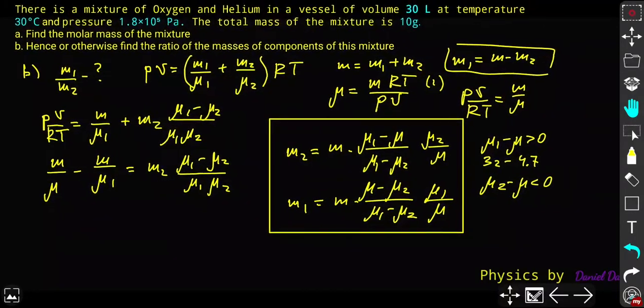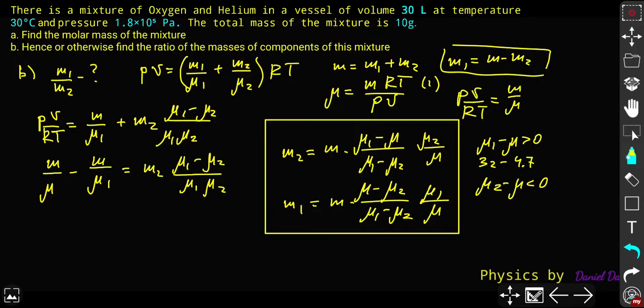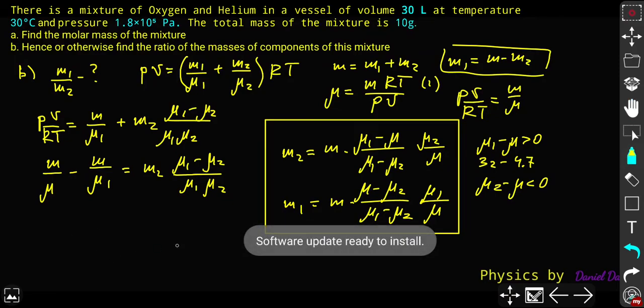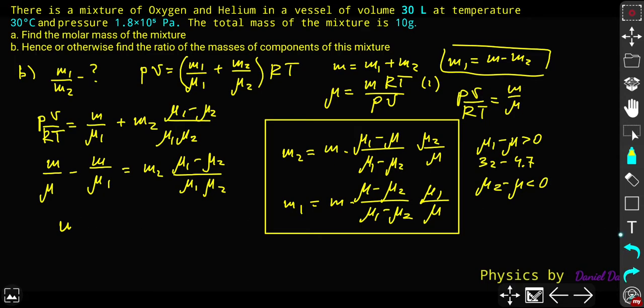And the rest of what we need to do is to find the ratio M1 to M2. Okay, so let's do that. Simply just divide M1 by M2 in order to have a proper way. Okay, and we have mu1 to mu2.